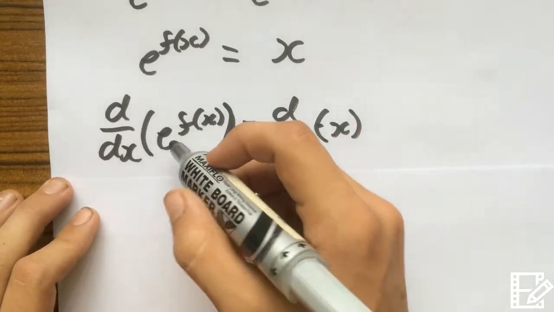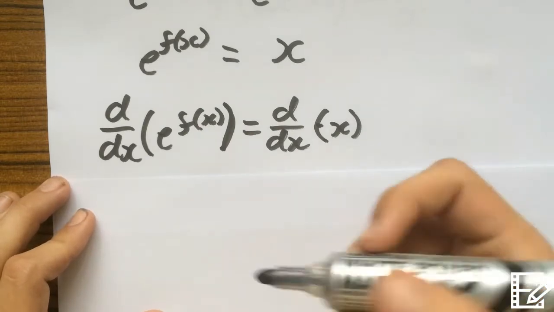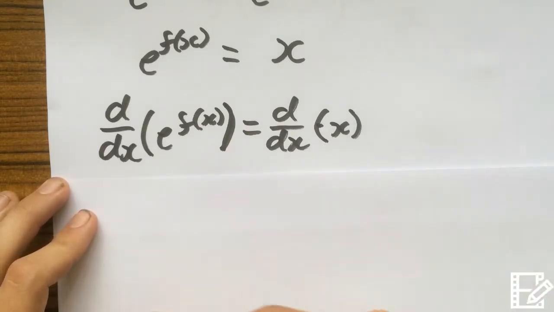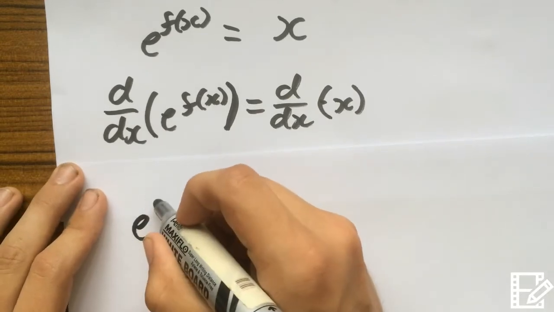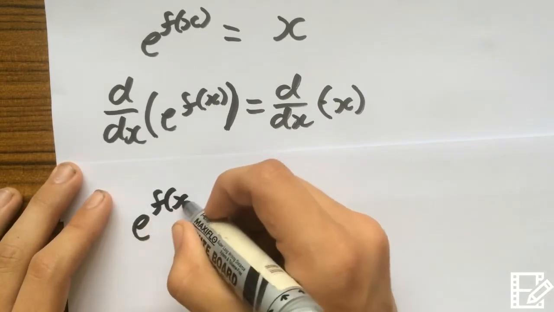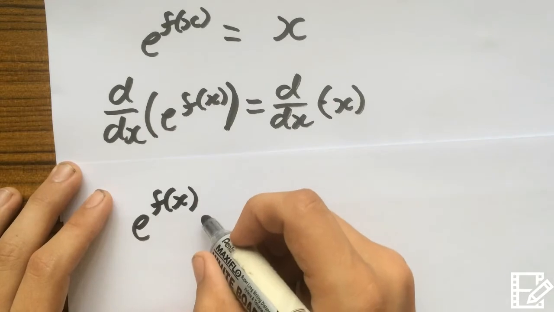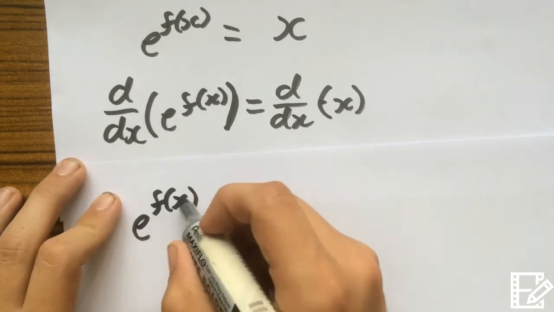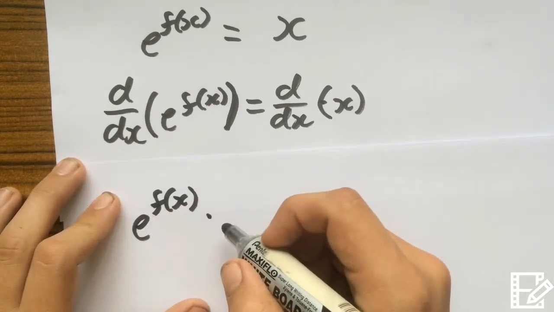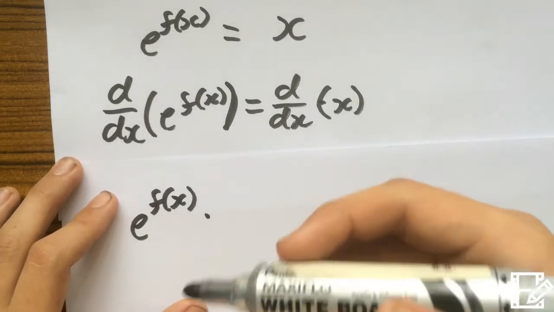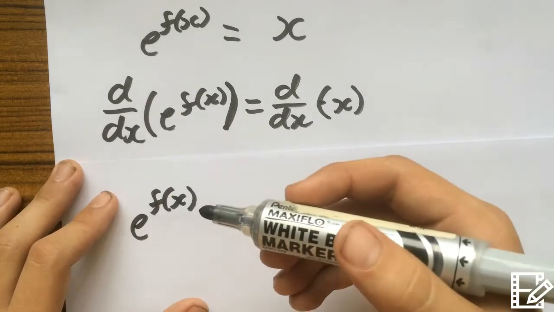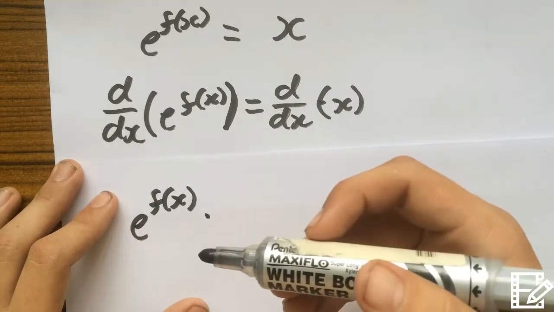So when you have e to the power of x, or e to the power of kx, or e to the power of anything, what do you do? Well, usually the answer stays e to the power of whatever, but then you multiply it by the derivative of whatever's on the inside. When you have e to the power of x and you find the derivative, it's e to the power of x, because the derivative of the power, which is x, is 1.